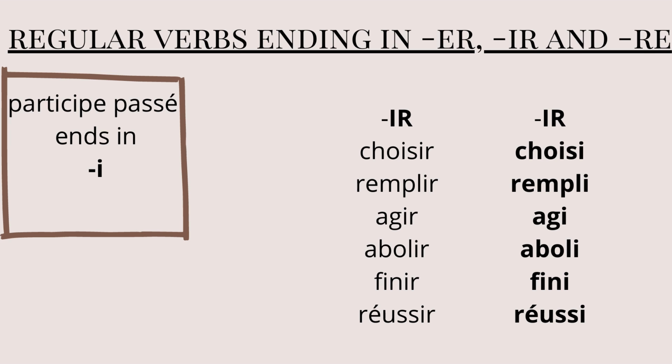I'm not going to be able to give you all the verbs; that would have to be on you, to read more, research more, and use the language more in your essays or whatever French work you have to do. Just use the language and try to communicate. That's the best way to learn and build up your vocabulary. So regular verbs ending in IR, the participe passé ends in I.